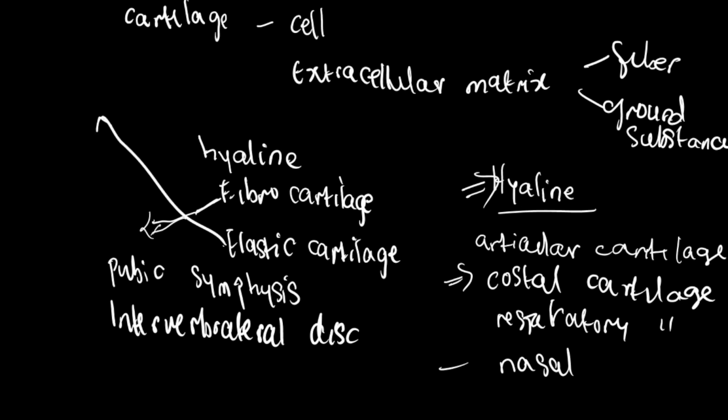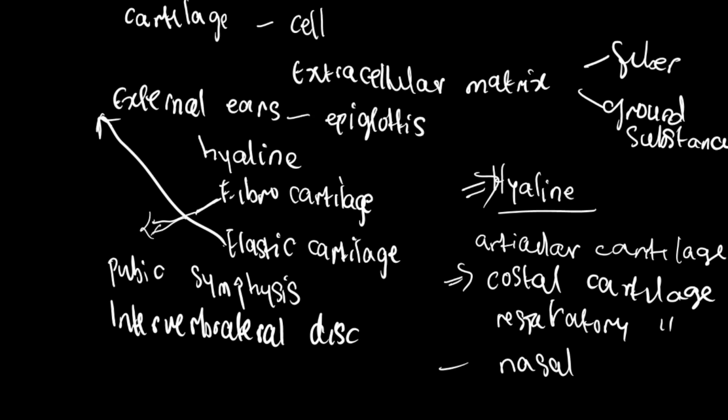The elastic cartilage is found in the external ears, so it forms a major part of the external ears, and it also forms a part of the epiglottis, which is a flap that covers the larynx when we swallow food.